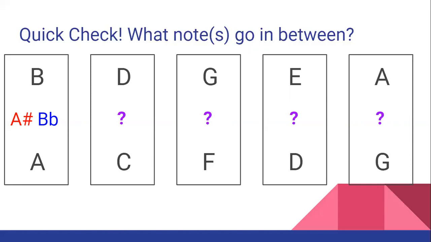What are the enharmonic notes between C and D? Again, just think, what's a half step higher than C or a half step lower than D? C sharp or D flat would be correct answers there. What are the enharmonic tones between F and G?